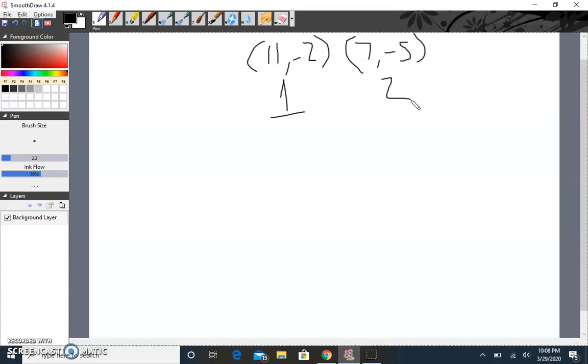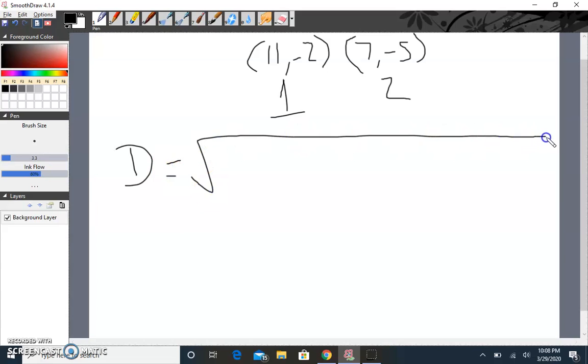So when we are filling out our distance formula, d equals, and we got this big long square root. Underneath it we have to fill in our second x, our 7, minus our first x, which is 11.